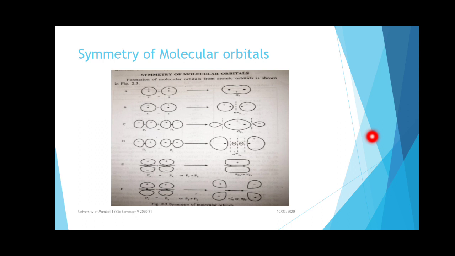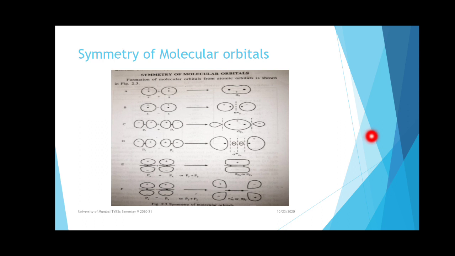But when both pz orbitals are subtracted, that means when they combine by subtraction, they form a sigma star pz orbital, that is called an antibonding molecular orbital.